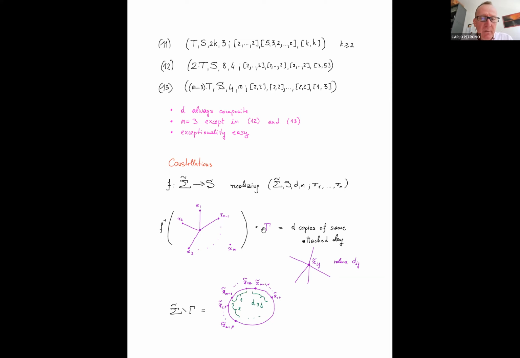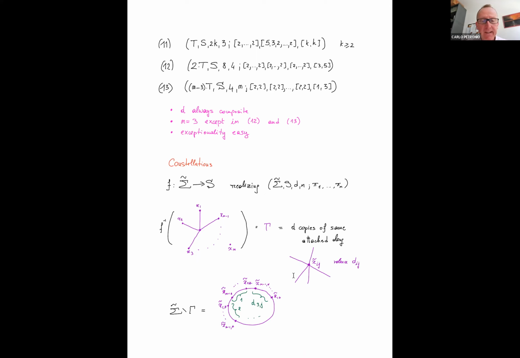You take this, you pull it back to sigma twiddle, and then you find d copies of the same object glued along liftings of the xi's. And so again, you see the valencies of the liftings will be the entries of the partition of D.